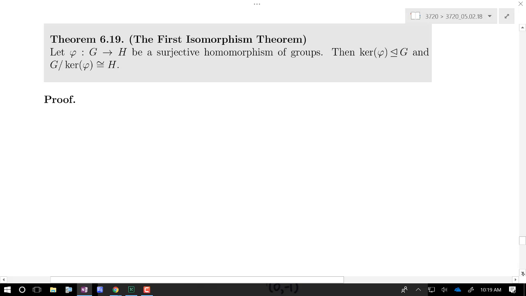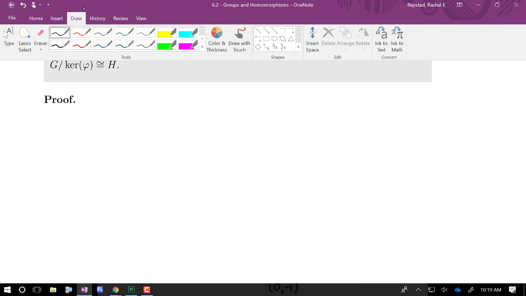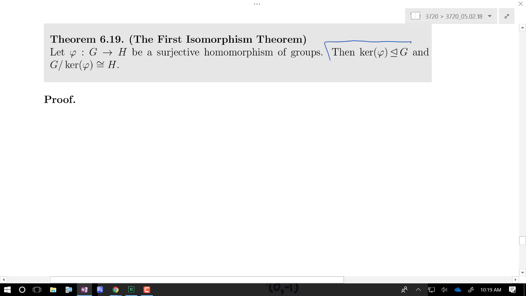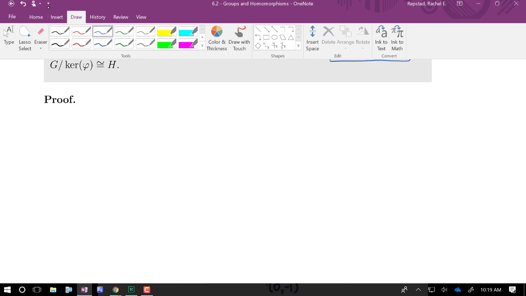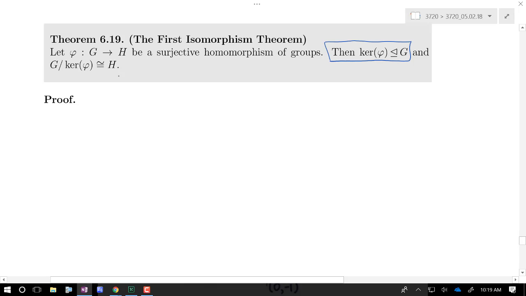Then the kernel of this homomorphism is normal in G. And G mod the kernel of phi, if we look at that quotient group, is isomorphic to H. We already showed this in theorem 6.17. We spent some time proving this, so we won't reinvent the wheel there.